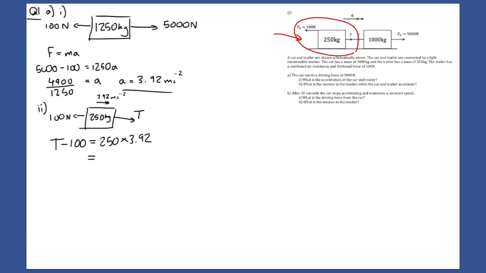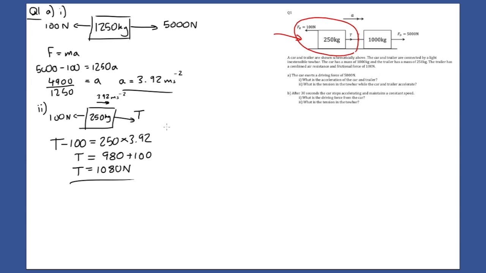So 250 times 3.92 gives me 980, which I'm going to add 100 to, and I get my tension equals 1,080 newtons. Okay, notice how if this number here was bigger, if the resistance was bigger, our tension would get bigger as well. So the more resistance here, the more tension in the tow bar.